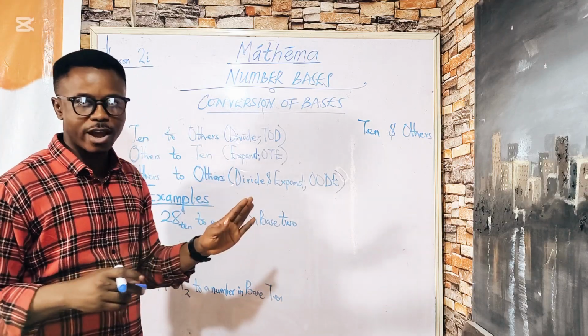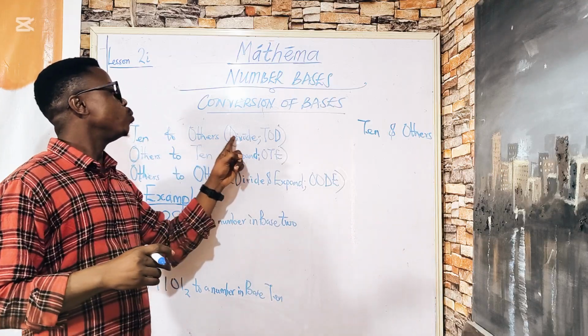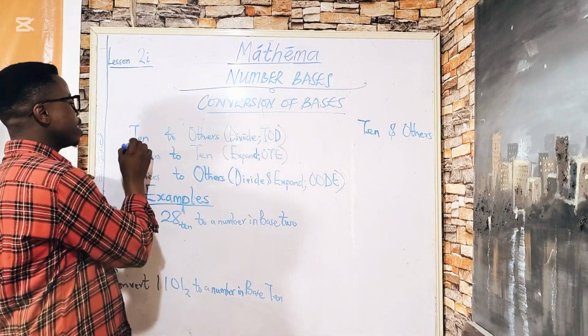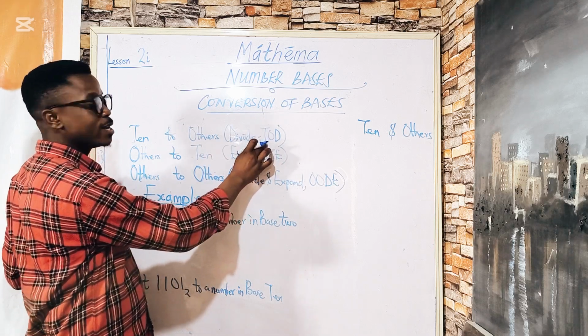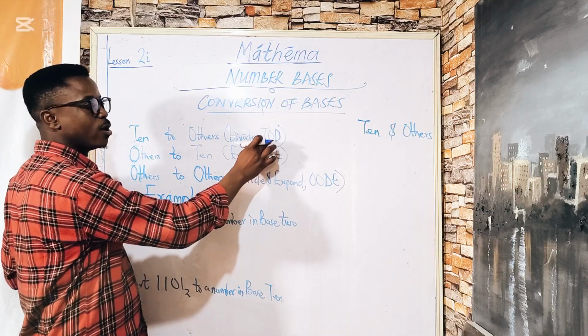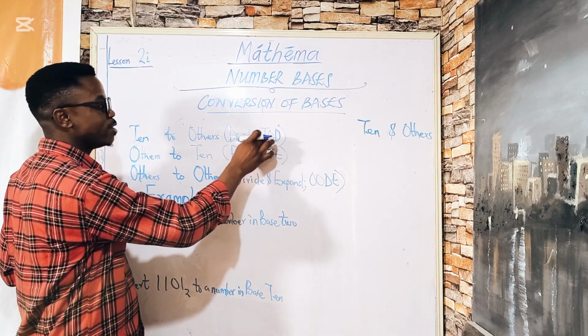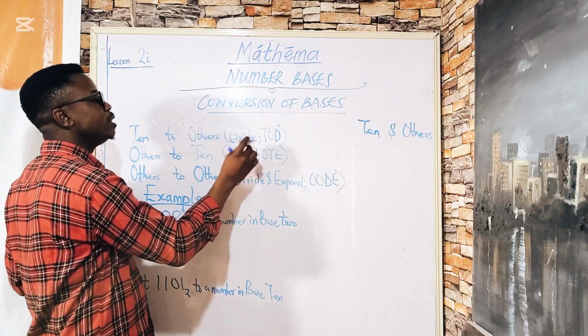Don't worry, I'm going to show you how it's done. I codenamed it TOD, third. T for 10, O for others, we divide.